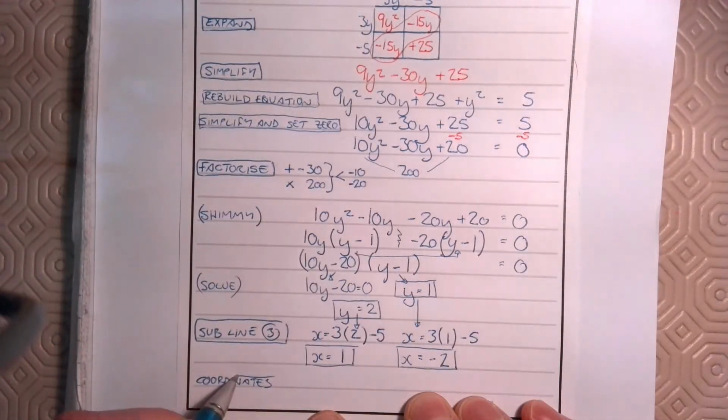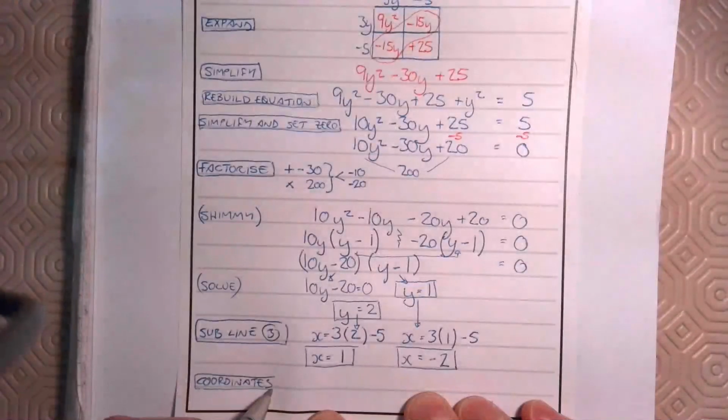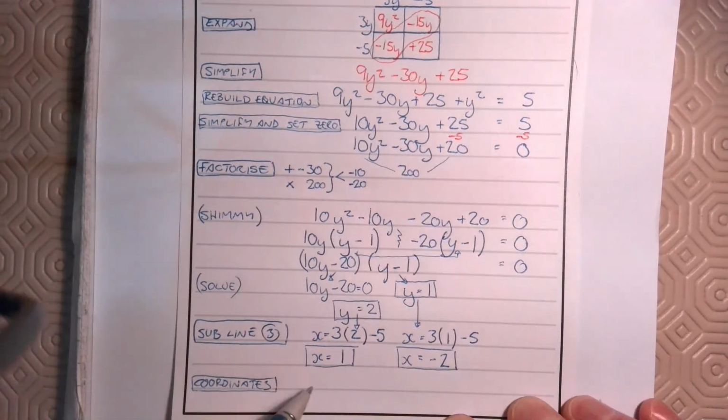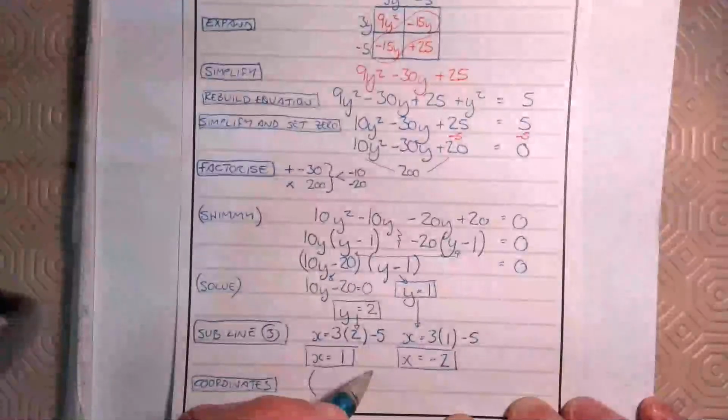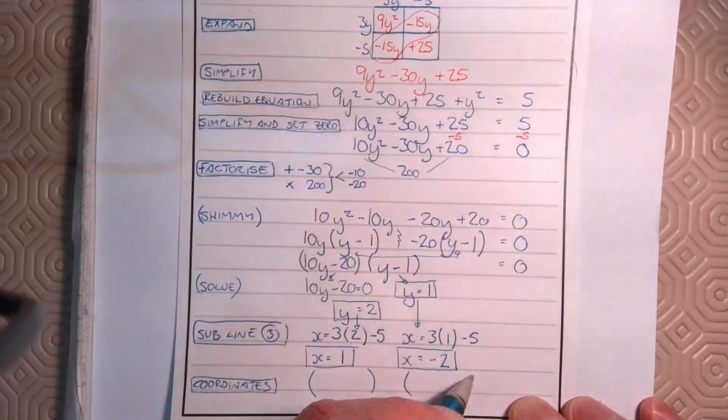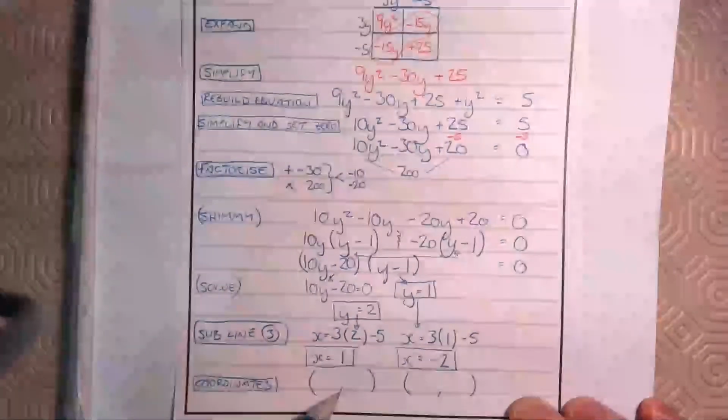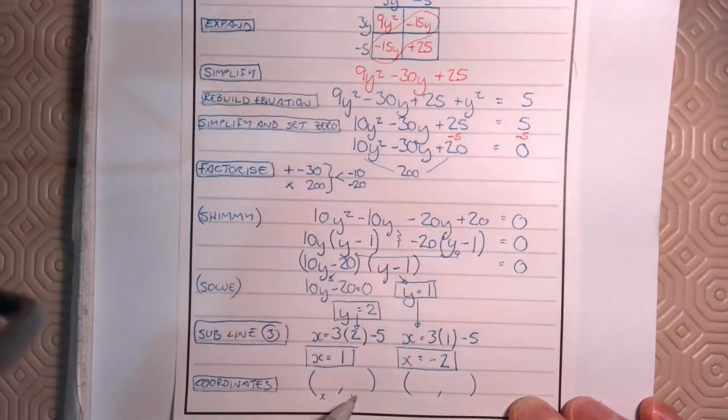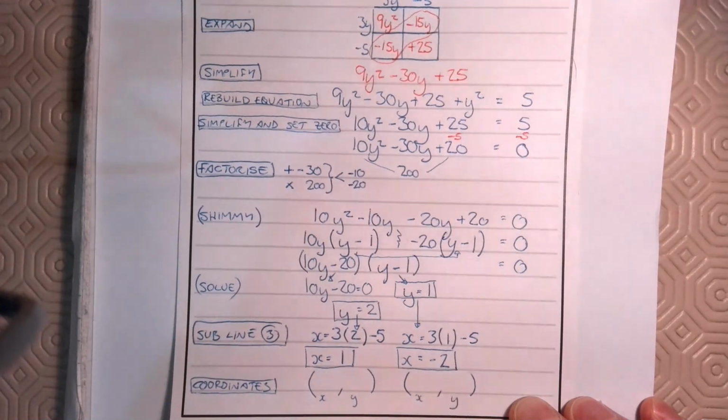Coordinates. So what are our coordinates for the solutions? We're going to have one here, one here. Just remind ourselves what we're doing with coordinates is an x and a y that go like that.